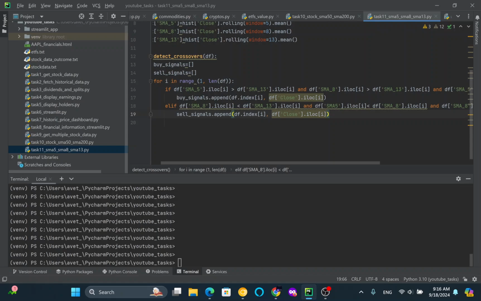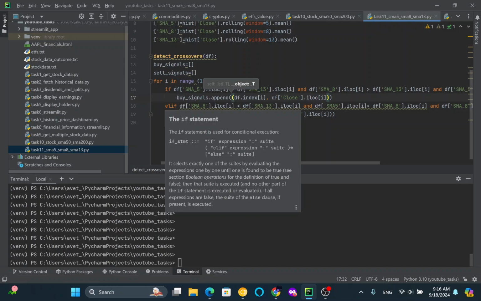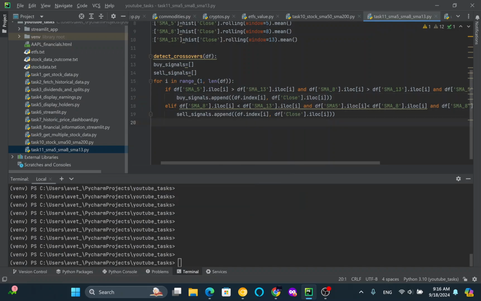So what we did here, we basically defined what is the buy signal, what is the sell signal, and what we are going to add to it when the consideration for the option execution for it will be complete.